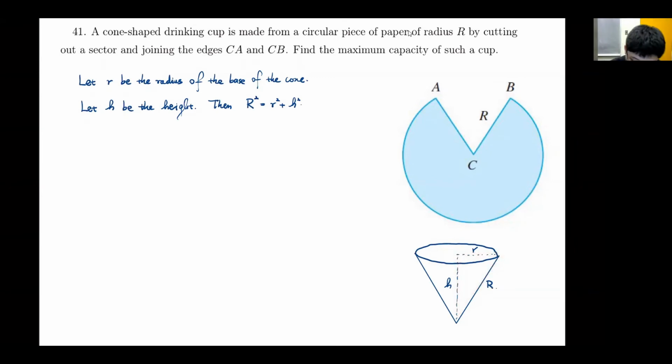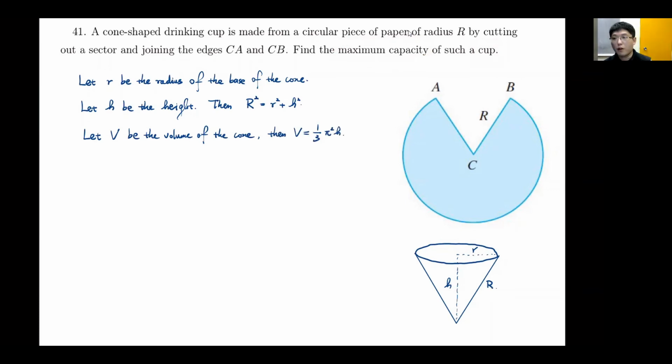All right, so now let's look at what we want. We want to find the maximum capacity of such a cup. So this means we need to maximize the volume. So let's see what the volume is. So let V be the volume of the cone. You should know from your high school geometry that V equals 1/3 pi r squared h.